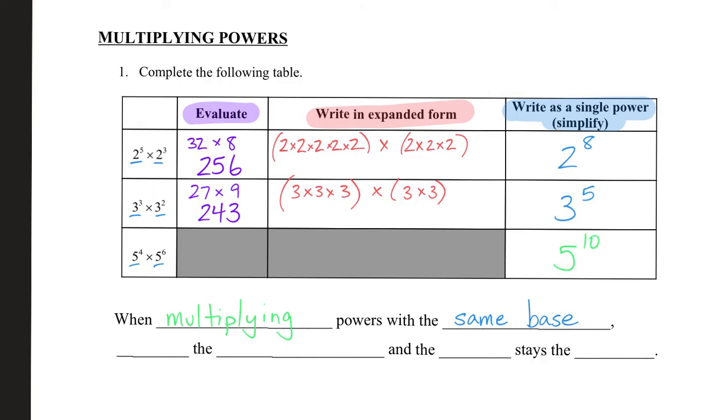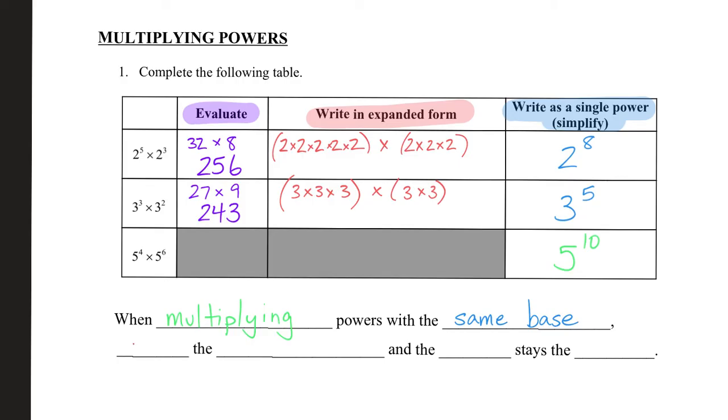Okay, well, if we're multiplying powers with the same base, then what happened? Well, if we look at our shortcut, I had a 2 to the 5th times a 2 cubed in the top row, and that became a 2 to the 8th. A 3 cubed times a 3 squared became 3 to the 5th. A 5 to the 4th times 5 to the 6th became a 5 to the 10th. Maybe we can see our pattern.